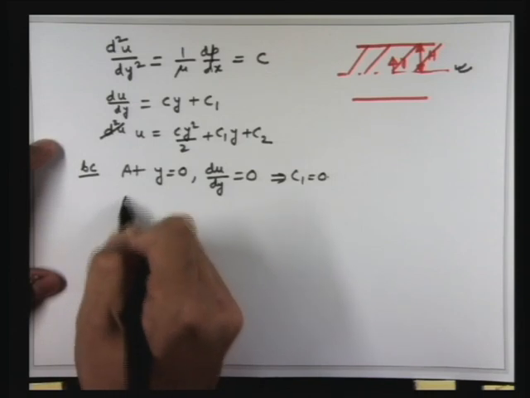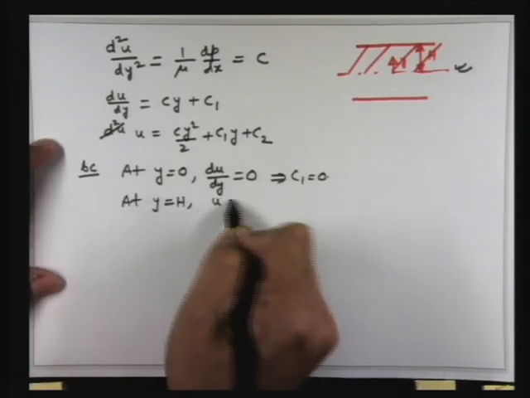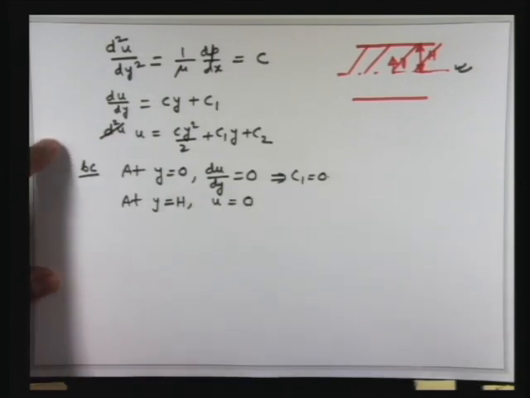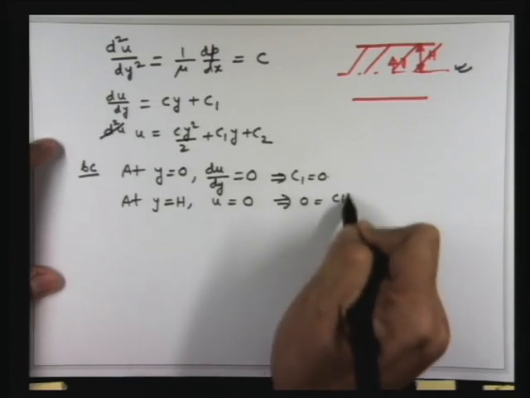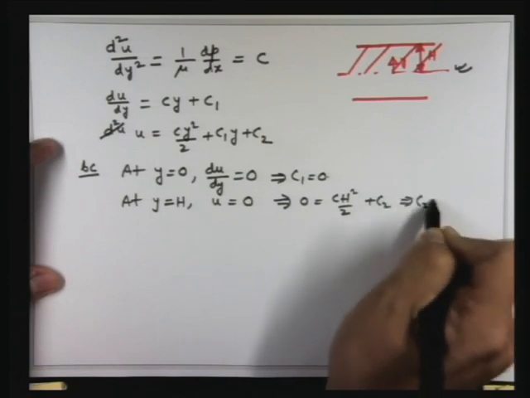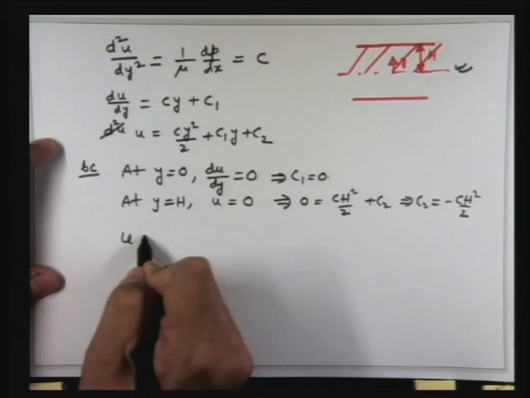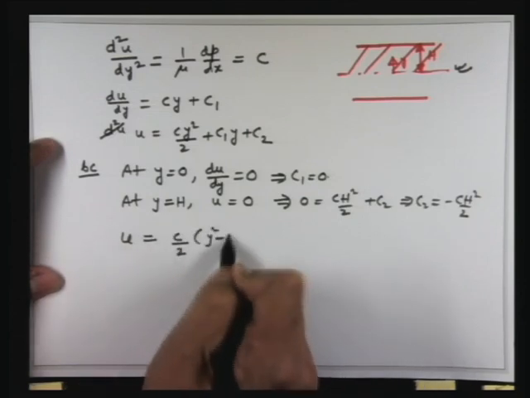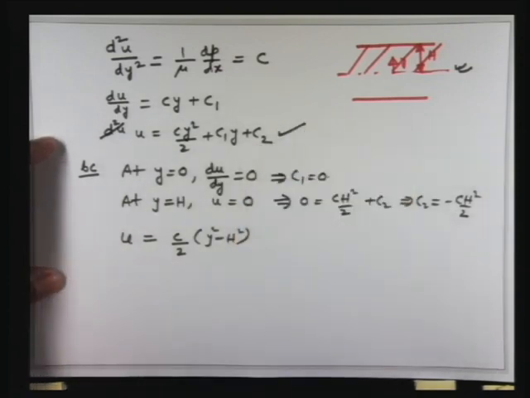The second boundary condition: at y equal to h, u is 0, that is the no slip boundary condition. So 0 is equal to c h square by 2 plus c2, so c2 is minus c h square by 2. Substituting c1 and c2, u becomes c by 2 into y square minus h square.